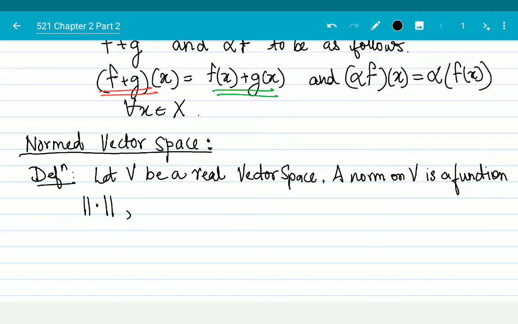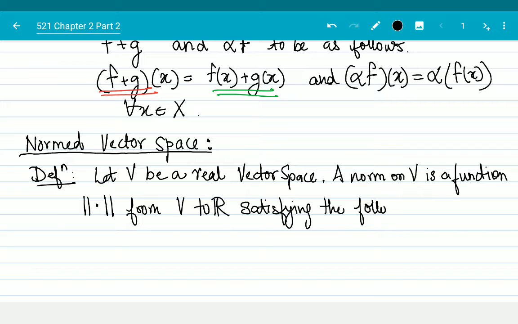This is the standard notation of norm. Absolute value is denoted by a single vertical bar on both sides, while norm is denoted by a double vertical bar. It is a function from V to R, satisfying the following properties.